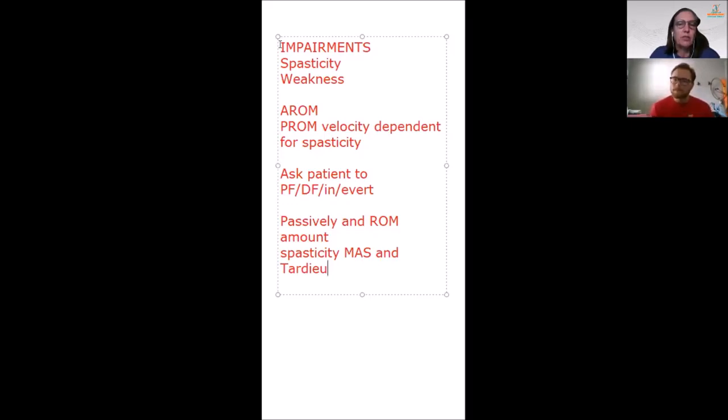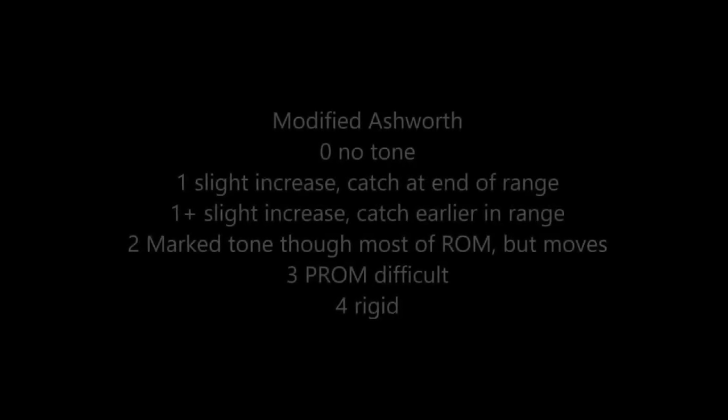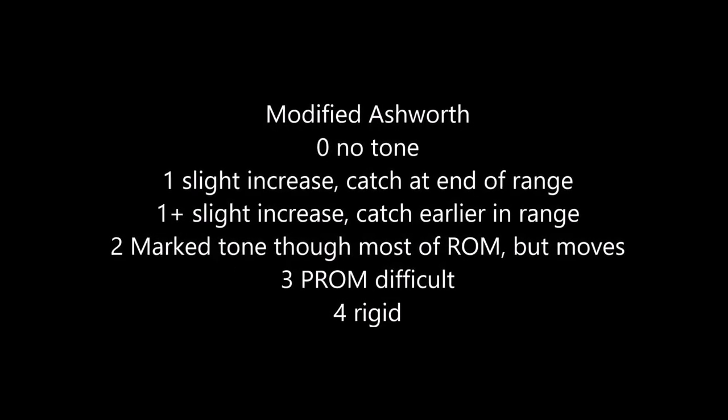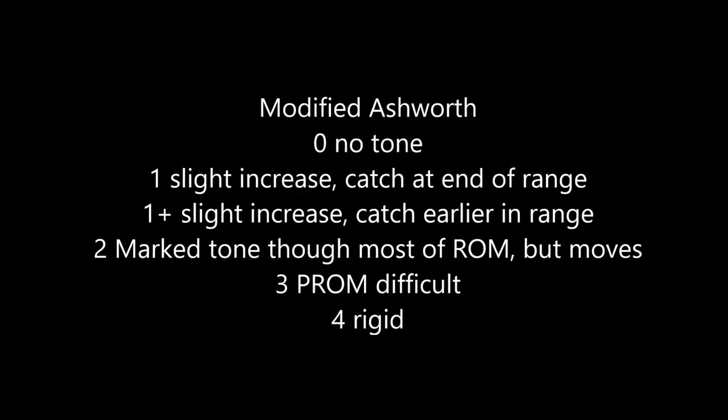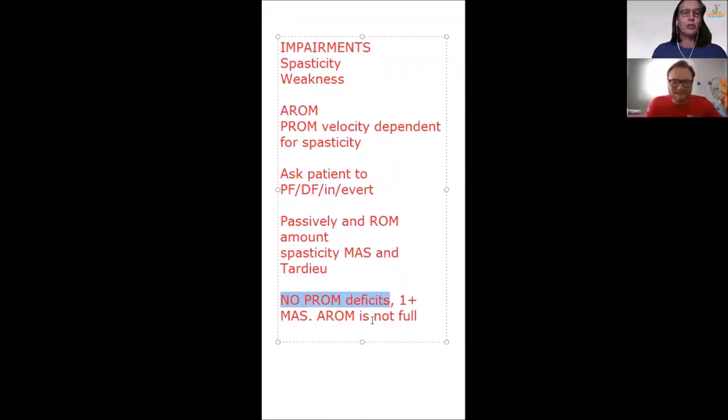And if you do velocity dependent, you find that her gastroc and soleus are a 1+ on the modified Ashworth. Okay. So no passive range of motion deficits, a 1+ on the modified Ashworth. She is unable to fully actively perform a whole active range of motion.